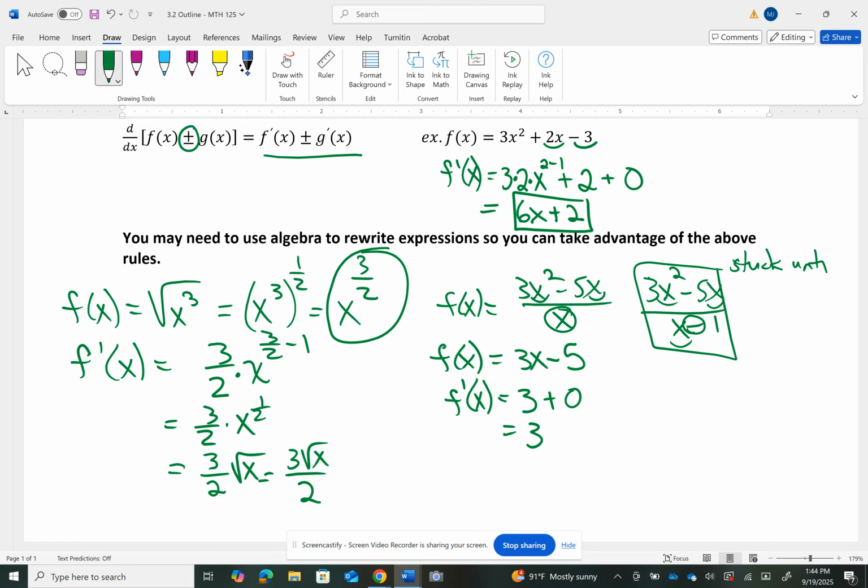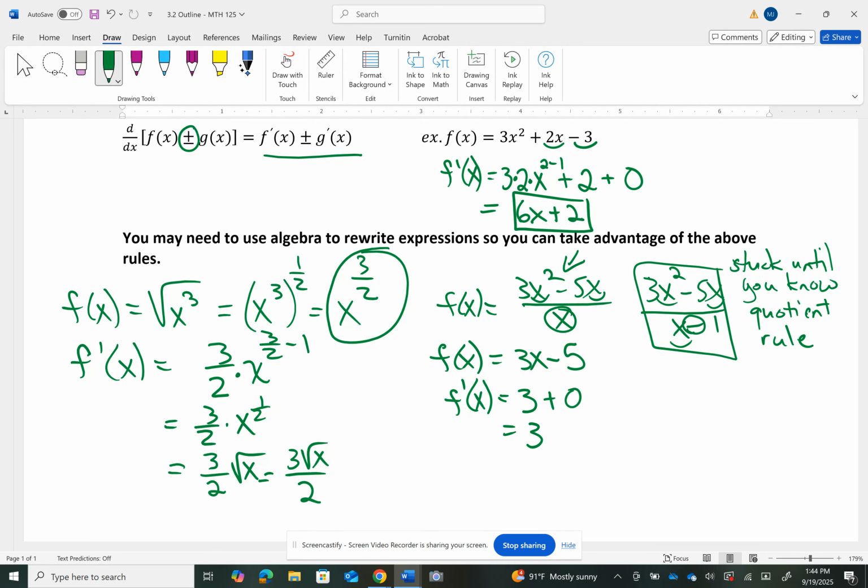Stuck until you know the quotient rule later, okay? But even though I know the quotient rule, there are times like this case where perhaps I could get it simplified so that I could use some of those simpler rules.